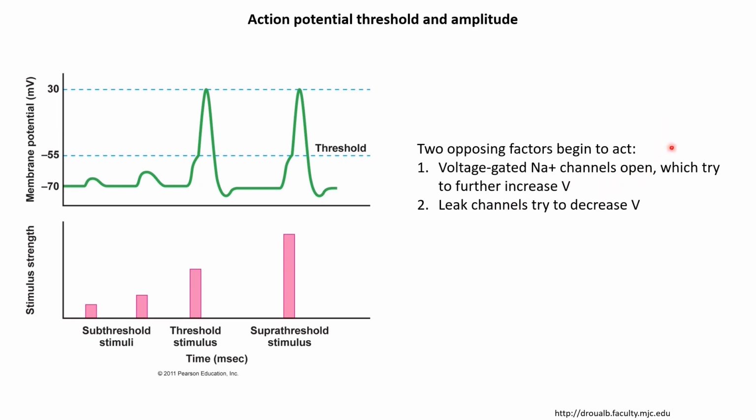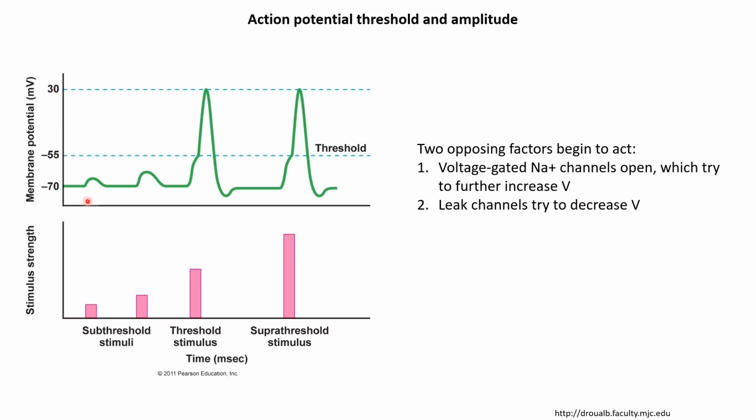For smaller increases, the opening is very small. But as the voltage increases, the number of sodium channels that are open increases at a much higher pace. These two factors compete, and because they depend in different ways on the voltage, for smaller depolarizations, the second factor dominates, and for larger depolarizations, the first factor dominates.